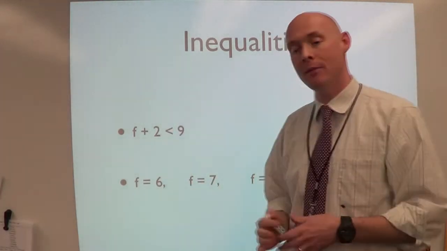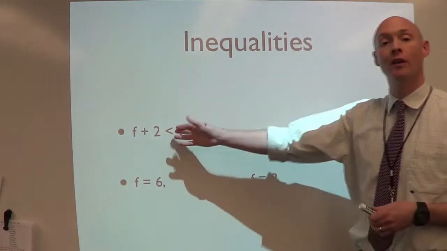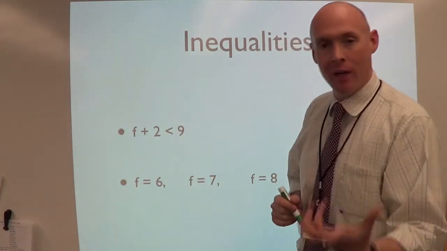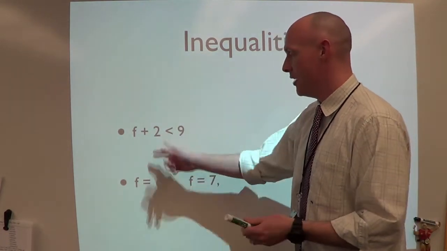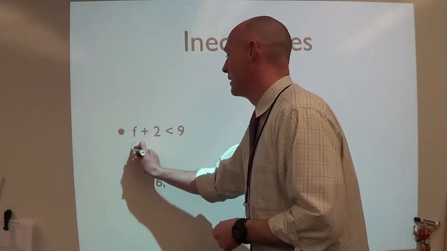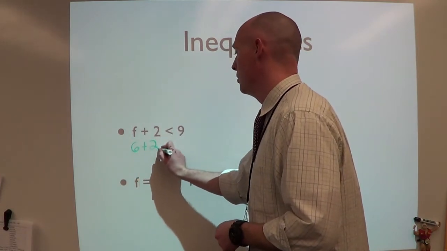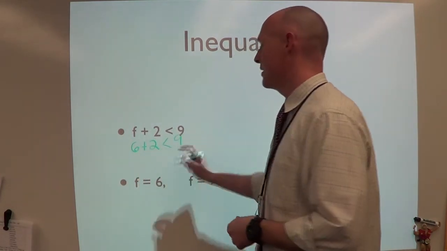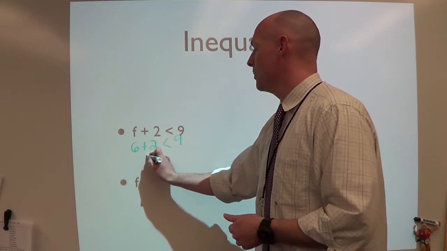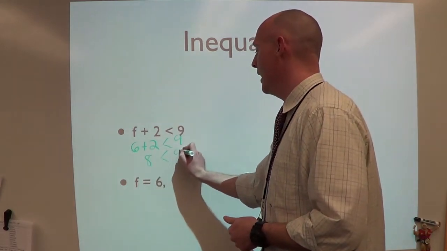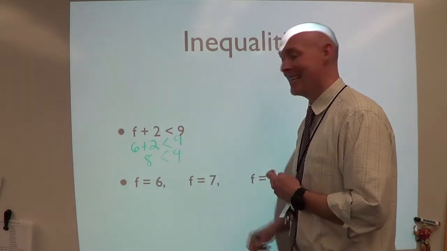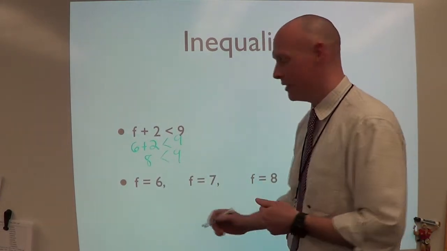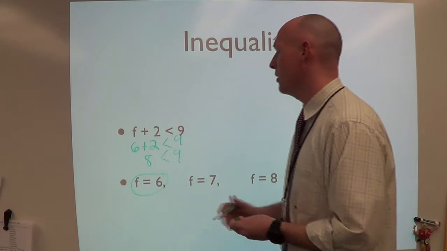And it's going to be your job to figure out which one of these will work for that inequality. So what you do is you just substitute. Instead of f, you're going to put a 6. So 6 plus 2 is less than 9. 6 plus 2 is 8. Is that true? Is 8 less than 9? It most certainly is. So that is correct.